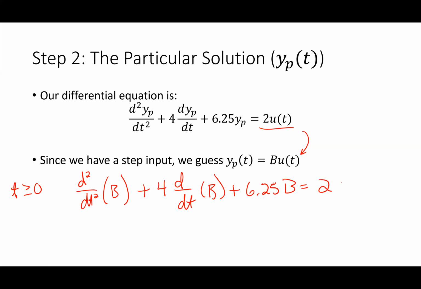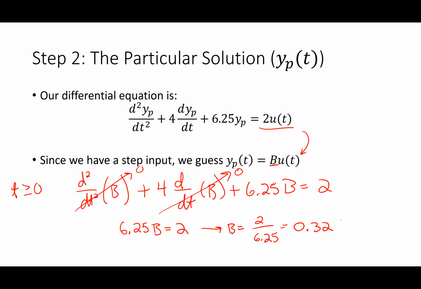It's undetermined at the beginning of this step, and then I determine it by the end, right? So I got 6.25 b equals 2. So that tells me that b equals what? 2 over 6.25, which if I did my math right, should be 0.32.